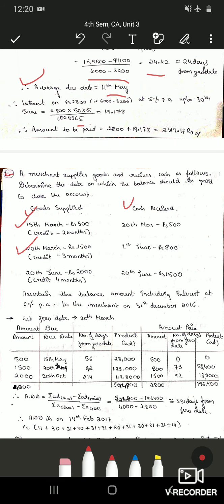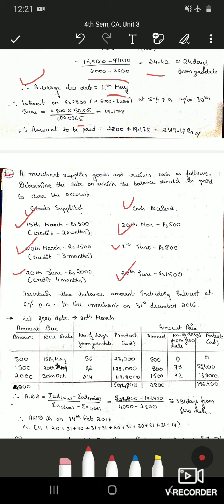On 20th March, rupees 1500 with a credit of 3 months. On 28th June, rupees 2000 with credit for 4 months. And the cash received is, on 28th March, the merchant receives 500, on 1st June he receives 800 and on 28th June he receives 1500. Ascertain the balance amount including interest at 6% per annum to the merchant on 31st December 2016.